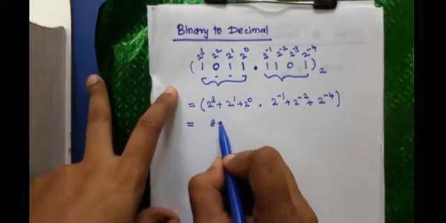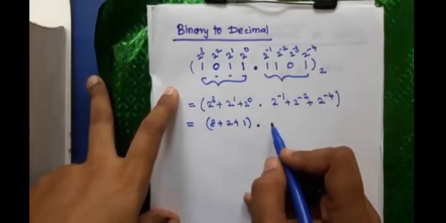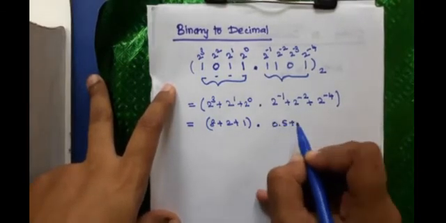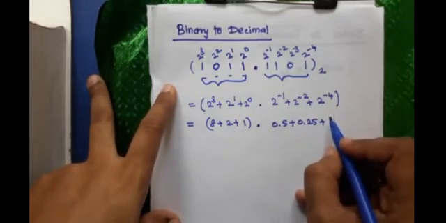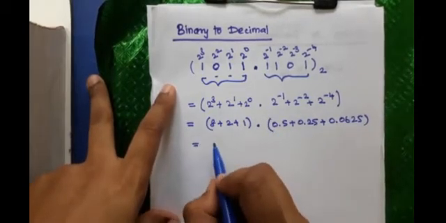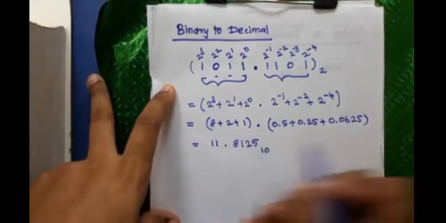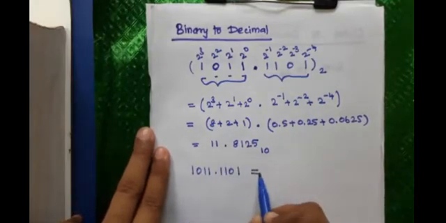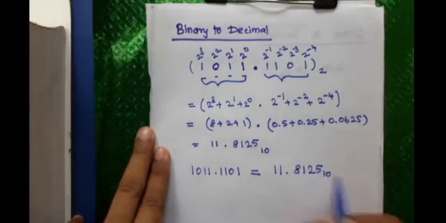It is nothing but 8 plus 2 plus 1 dot, 2 power minus 1 is 0.5, 2 power minus 2 is 0.25 and 2 power minus 4 is 0.0625. So the answer is 11.8125 to the base 10. So 1011.1101 is converted into 11.8125 to the base 10.